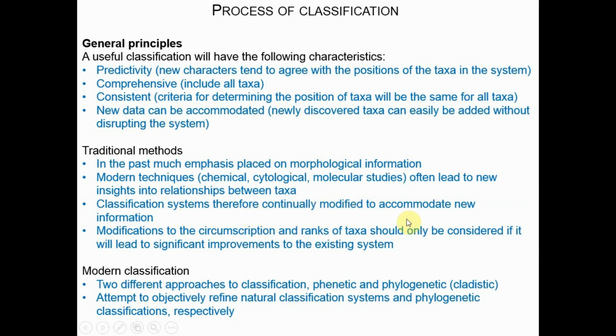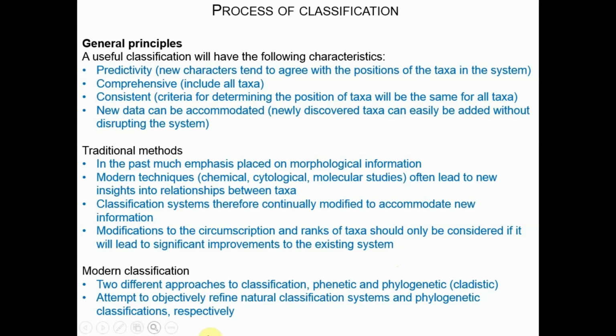Classification systems are then continually modified to accommodate new information, and modifications to the circumscription and ranks of taxa should only be considered if they would lead to improvements of the system. So that's important. We don't just change classification systems for the sake of changing them. They need to stand the test of time, but they also need to be improved in order to be as good as they can be.